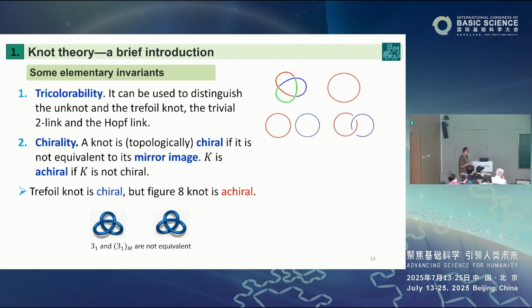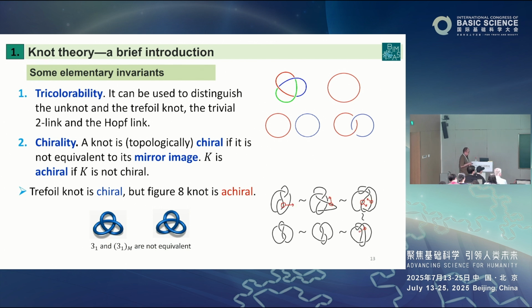So this one and its mirror image, this one, are not equivalent. But the figure 8 knot is achiral. We can use some R moves to check. These are equivalent, but this one is the mirror image of this one.